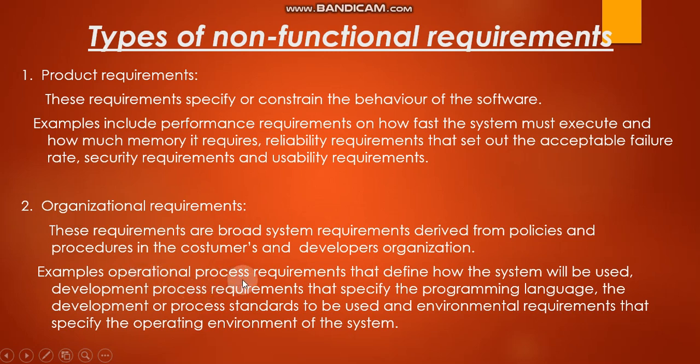Examples: operational process requirements that define how the system will be used. The development process requirements that specify the programming language, the development process standards to be used, and environmental requirements that specify the operating environment of the system. Broad system.